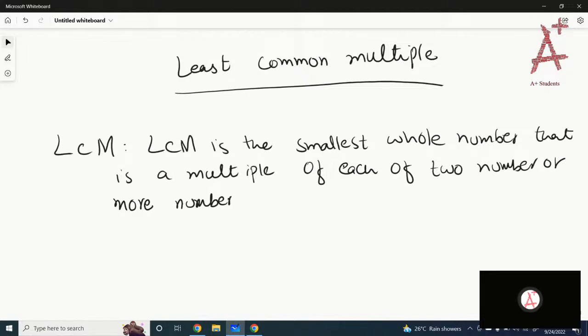Okay, we actually need to do the same. We just need to write the prime factors of every number. The example is: write the LCM of 6 and 15.